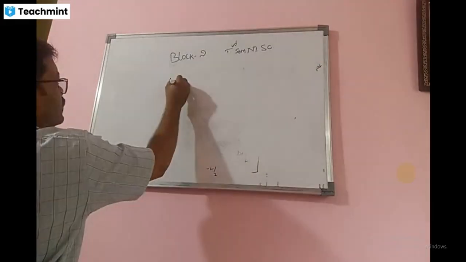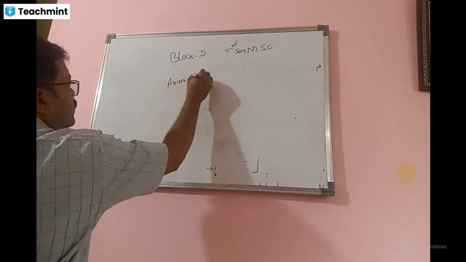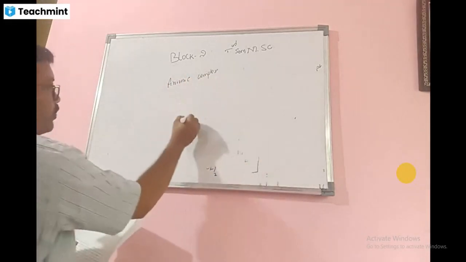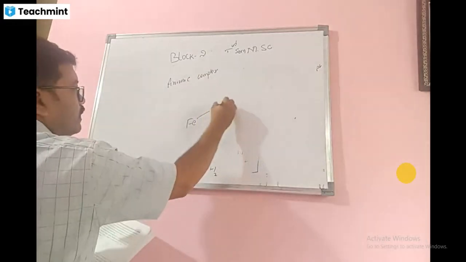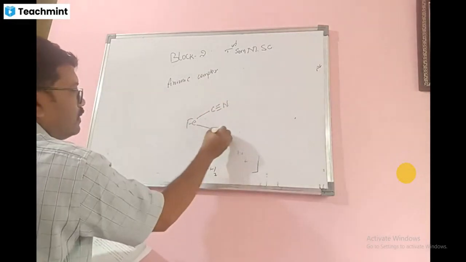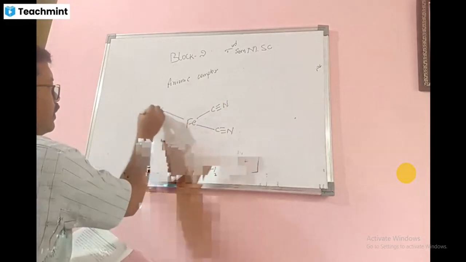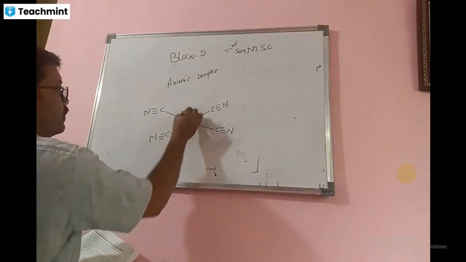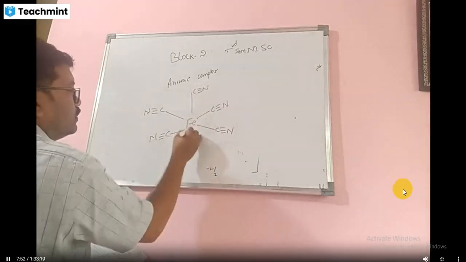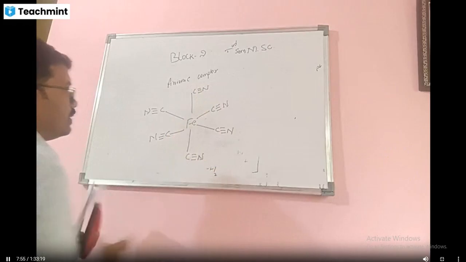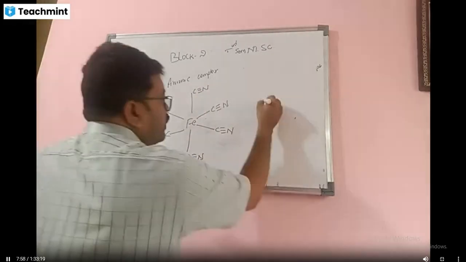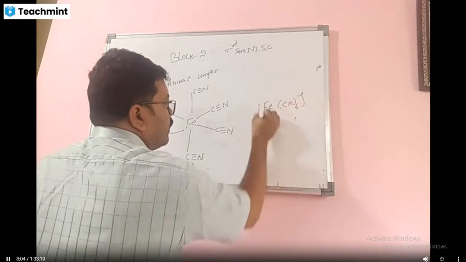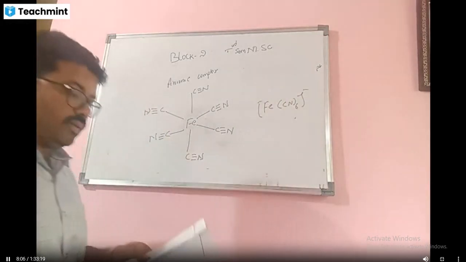So I will take one more example for complexes, the anionic complex. This anionic complex is iron with cyanide. This is cyano, this is also cyano, this cyano and this is cyano. So it is the hexacyano anion.